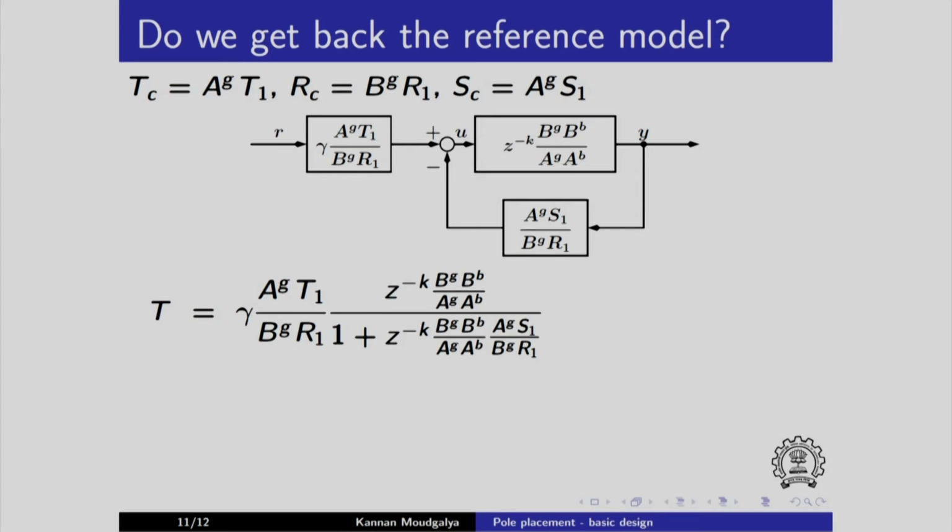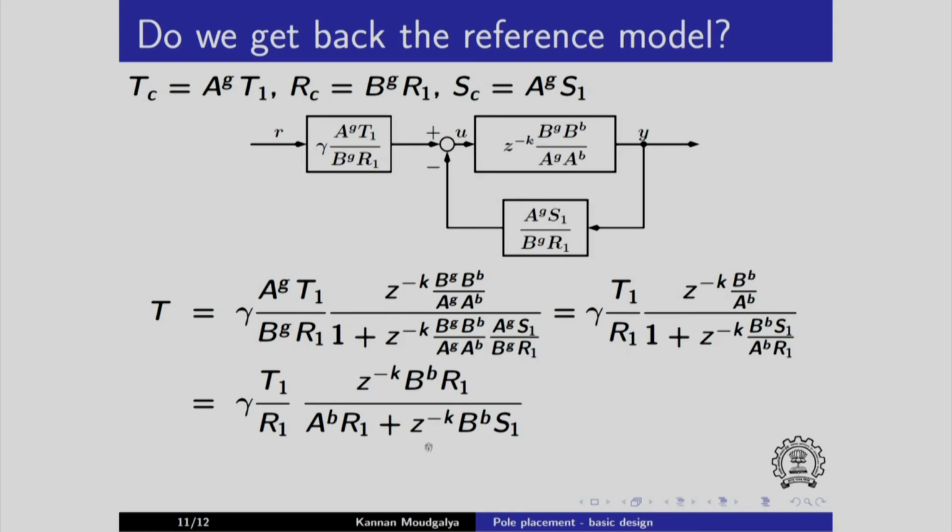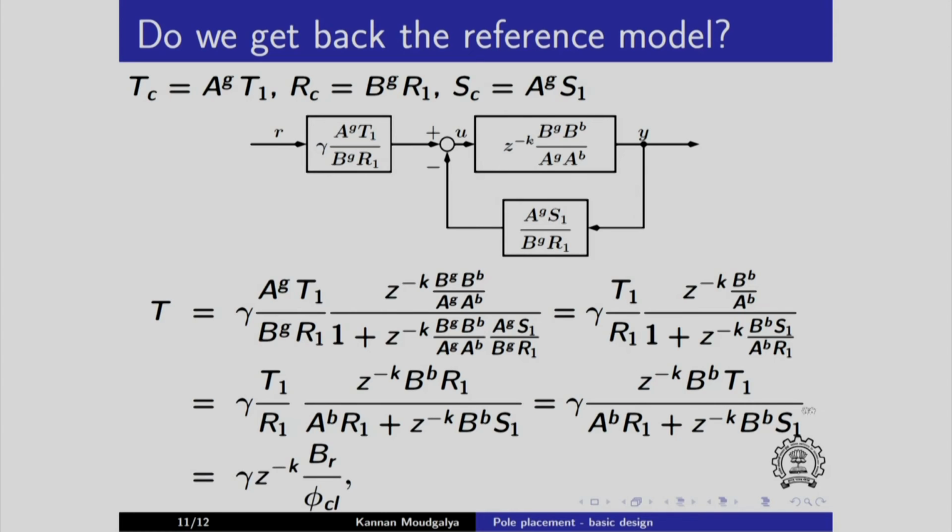So let me simplify this. It is easy for you to verify this. Basically I have cancelled the good factors here, then multiplied both numerator and denominator by AB R1, I get this expression. Now I cancel this R1 and this R1, I get this expression. And this is nothing but the model that we wanted earlier in the reference model. Remember, this BB T1 was BR, and the denominator is indeed phi CL as we used in Aryabhata's identity.